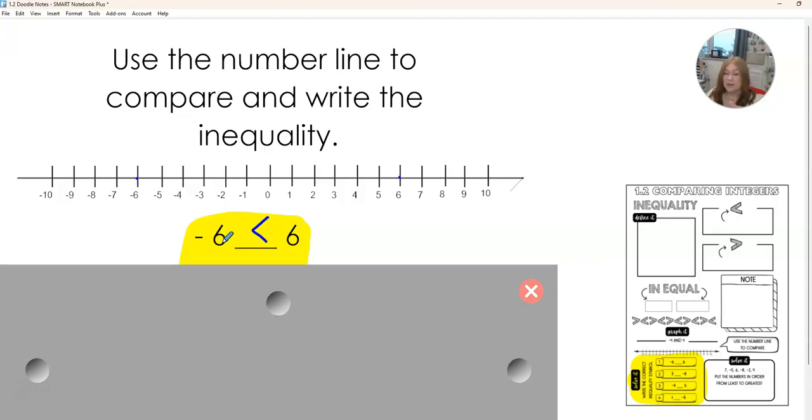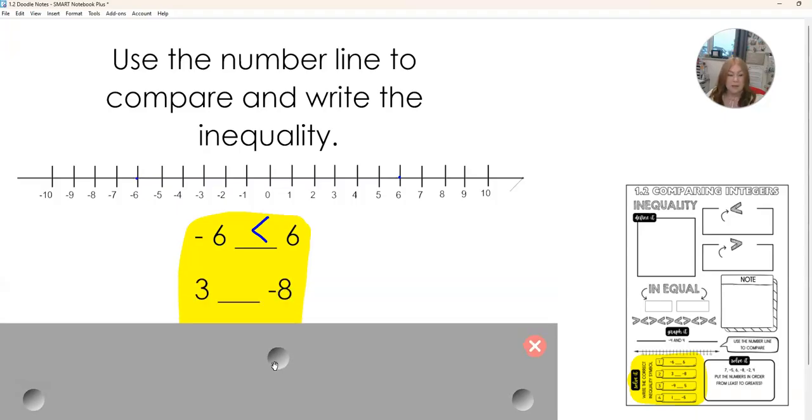If you have a positive and a negative, the positive will always be bigger. Okay, this time we have +3, -8. So if we remember, oh, the positive is always going to be bigger. I can double check. So here's 3. Here's -8. Yep, 3 is on the right. So 3 is greater than -8.